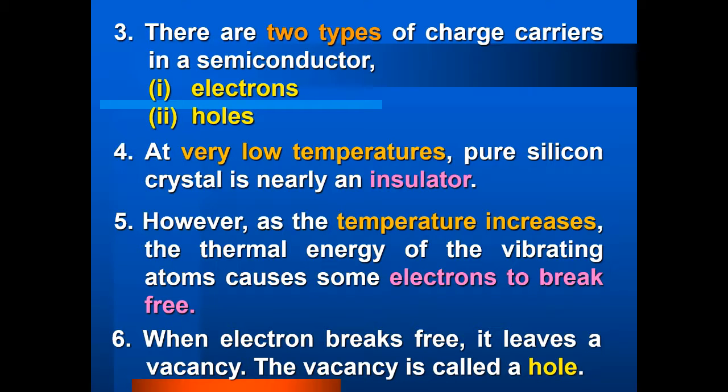Later on, we will discuss the meaning of electron and hole as charge carriers. So semiconductor is an insulator when the temperature is low, and it is a conductor when the temperature is increasing. That's why the characteristic is between the insulator and conductor.